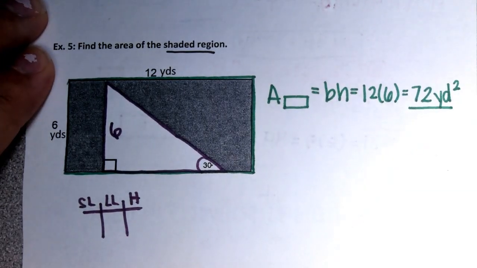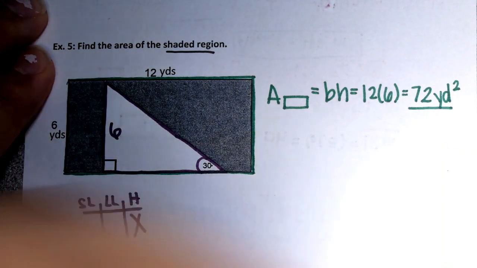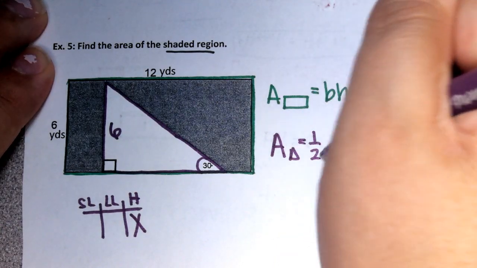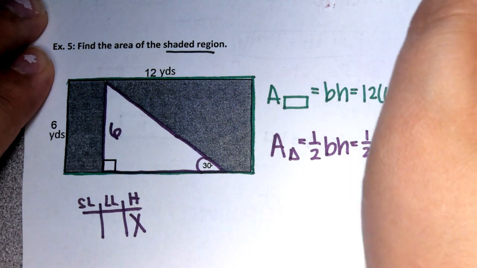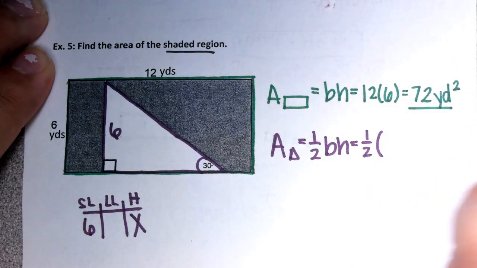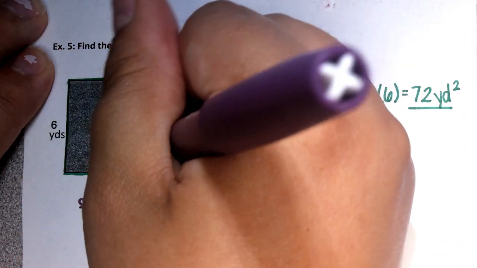What do I not care about here? I don't care what the hypotenuse is, because to find the area of a triangle, it's 1/2 BH. I need to find that base. What is that base going to be? The long leg. What's my long leg going to be? 6 root 3.